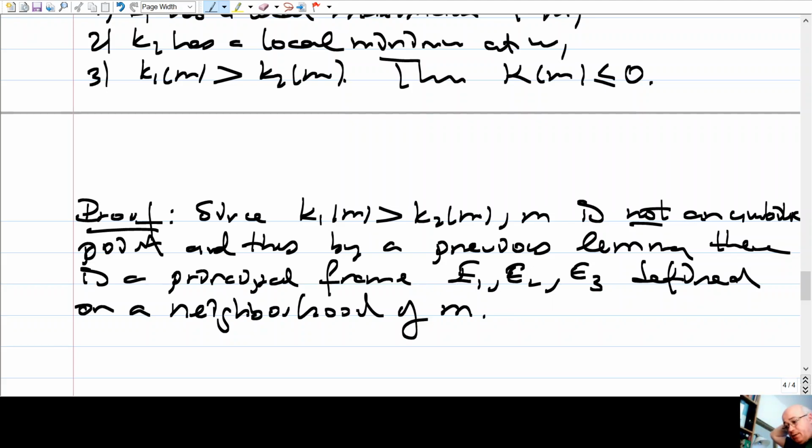We proved this fact before. This principal frame is determined by the eigenvectors of the shape operator.